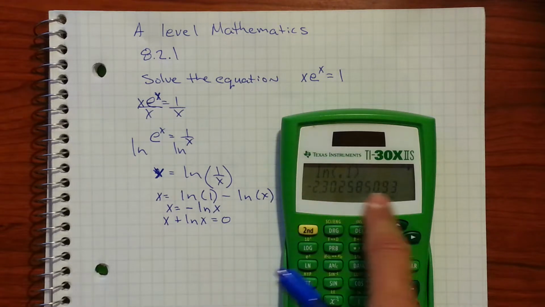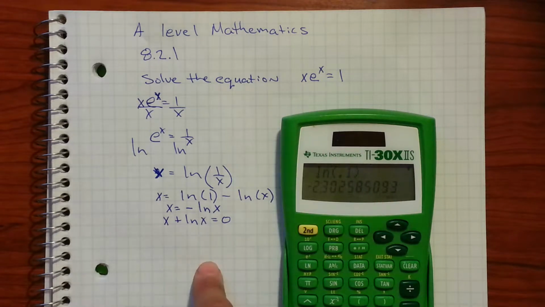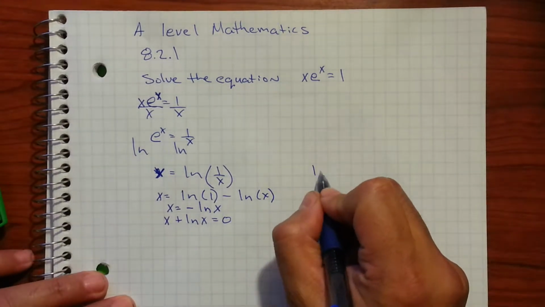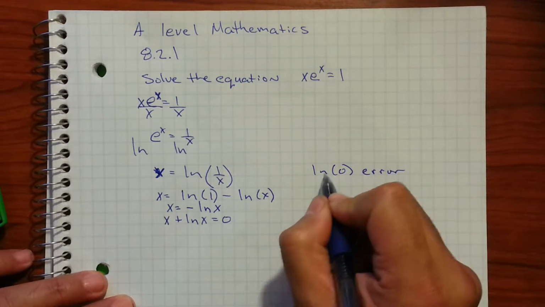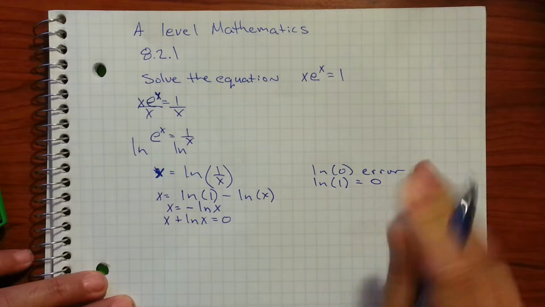So I get a negative number out of that. So I'm allowed to get that, but I can't use 0 and I can't use negative numbers.